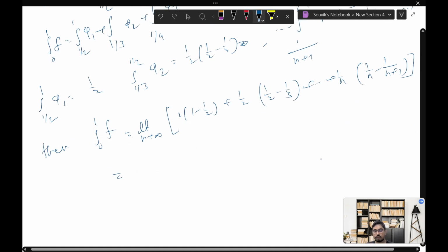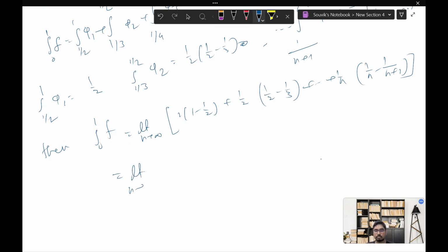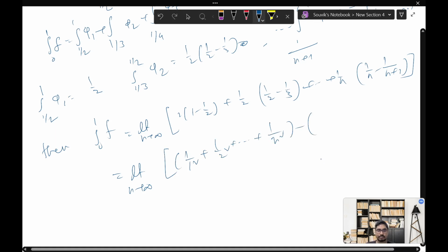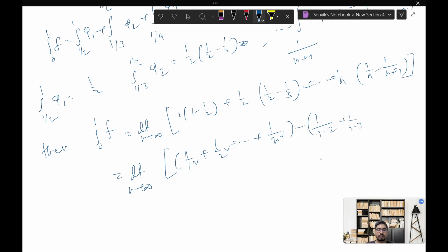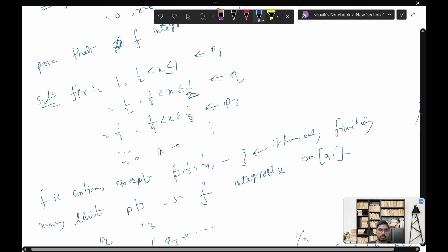So this will be the limit of the sum of 1 by n squared minus the sum of 1 by n into (n plus 1).